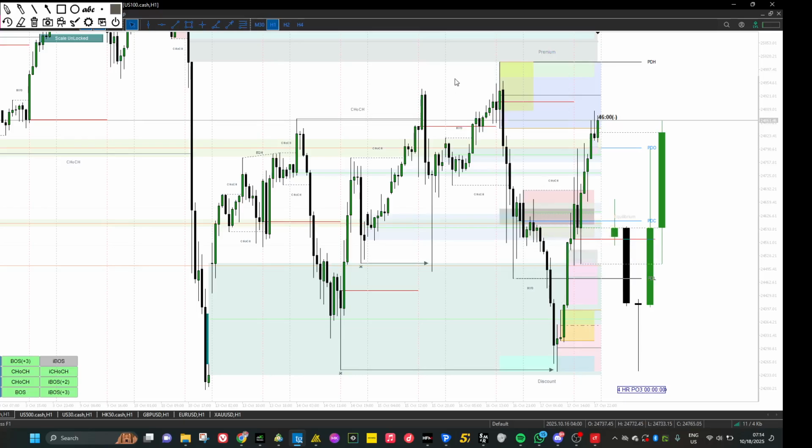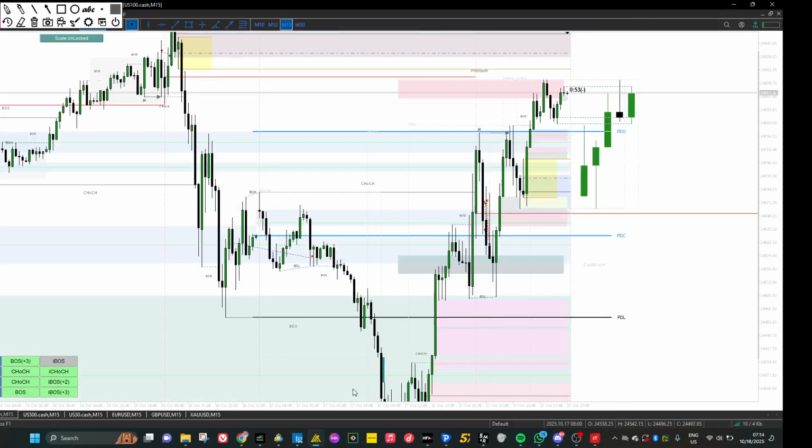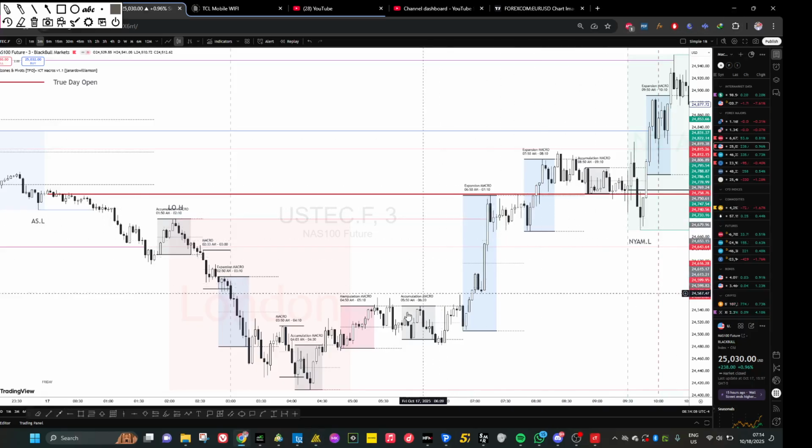So came all the way down. This reversal happened in the London session. Bring it up. London session reversal after I ran the daily low, and this entry, like I said, this was one entry using this order block right here after we established that the liquidity was run several times.